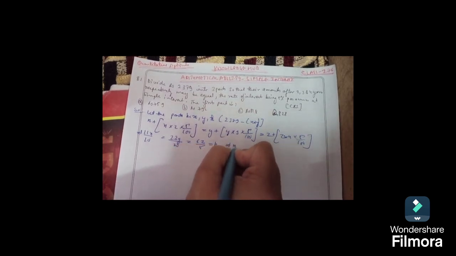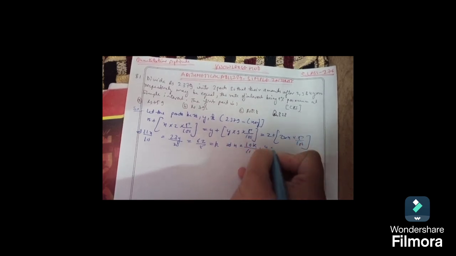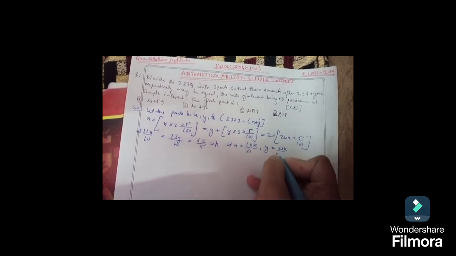So x equals 10k upon 11, y equals 20k upon 23 and z equals 5k upon 6.